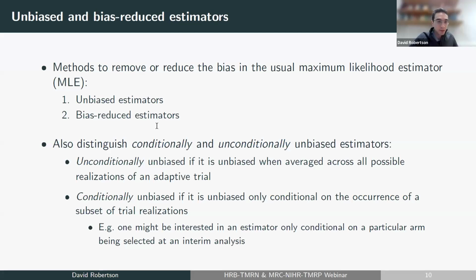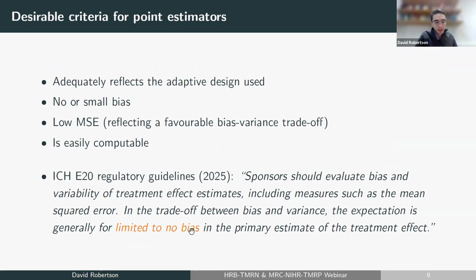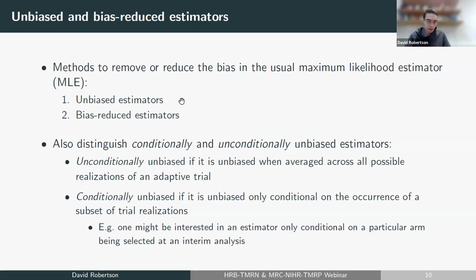But you can also have a large class of bias-reduced estimators, which don't completely remove the bias, but, for example, may have better properties in terms of mean square error. It's not exactly clear what, for example, in ICH E20, they mean by limited bias, small bias. But we'll return to that as we go along.